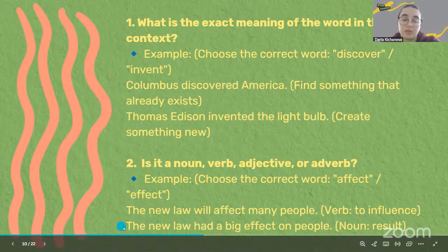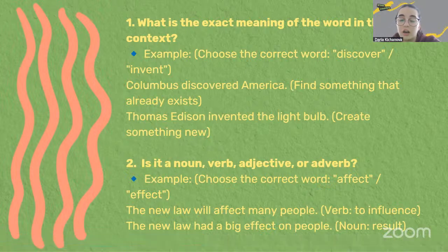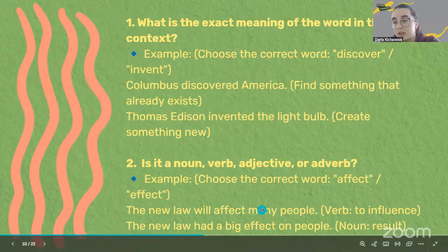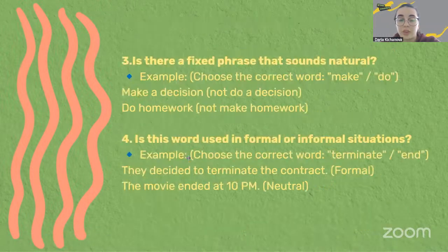And when we have the second example, the new law had a big effect on people. So a big what? A big kind of result, a big influence, and etc. So after big, if we had a gap, you will use this word, not the first one. So here we have the second example.